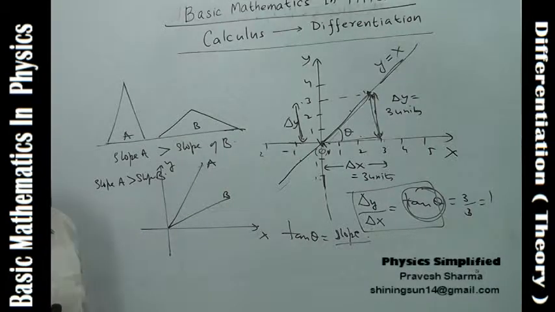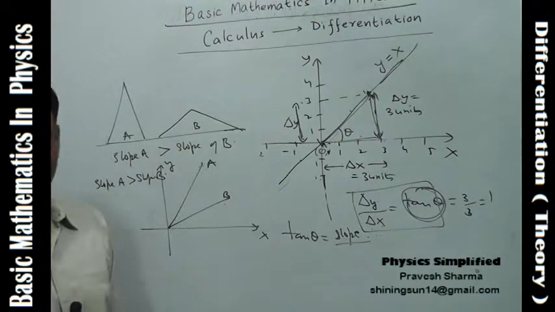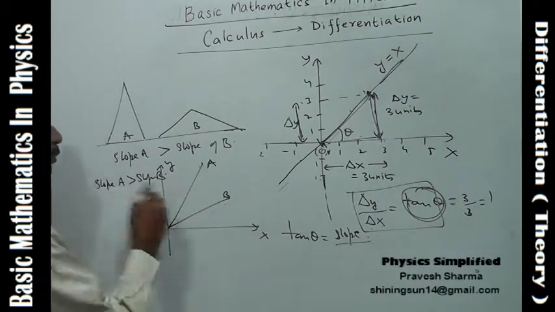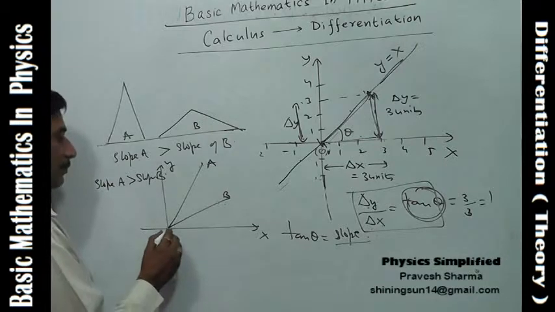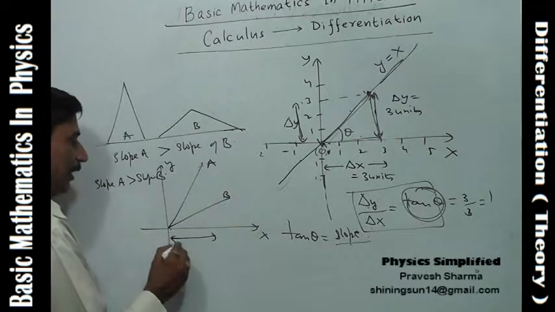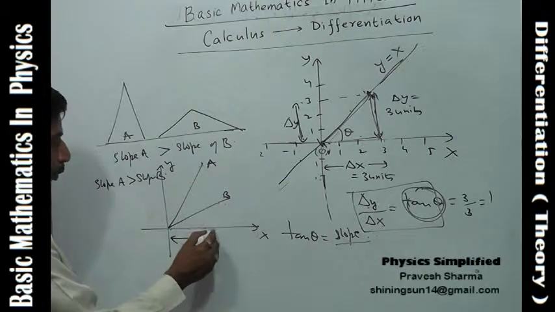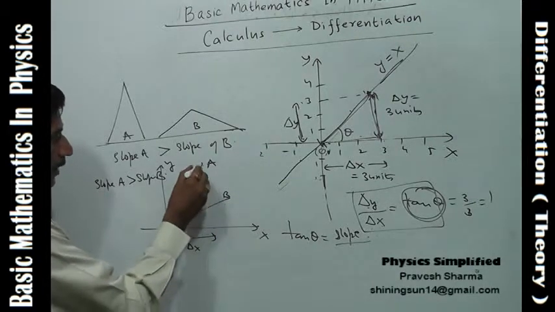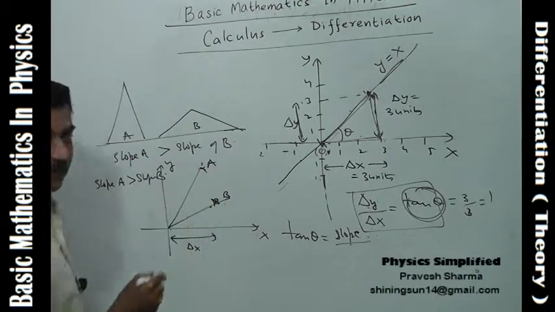Otherwise, if we wish to find out in terms of delta y by delta x, how do we interpret this slope? We interpret it in a way, suppose I take that this is the value of delta x. So for this, I draw 2 points on this. I take these points as alpha and beta.